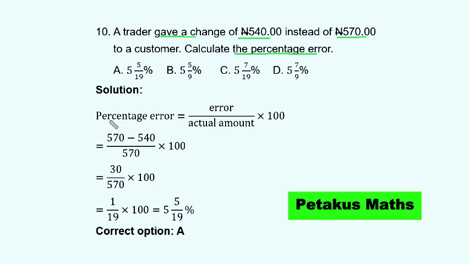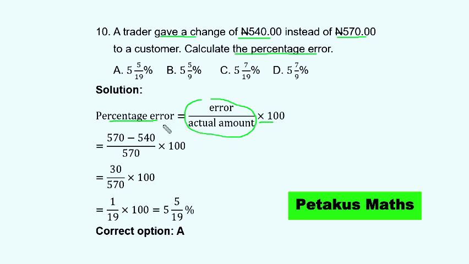Solution: percentage error is equal to error over actual amount times 100. So error is the difference between the actual amount, which is higher in this case, and the wrong amount.